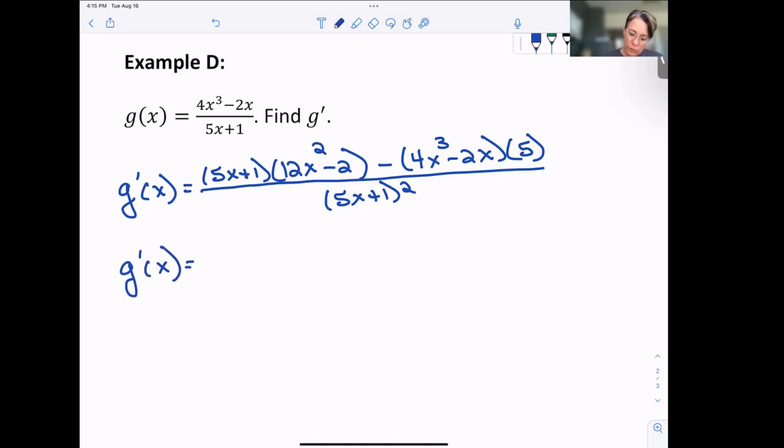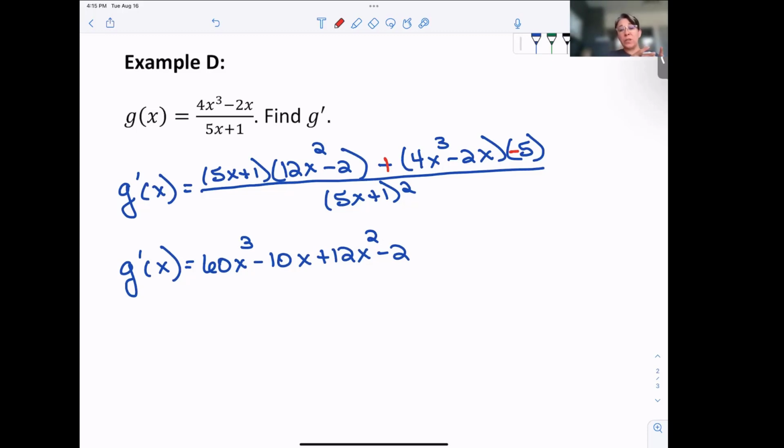If we distribute the first 2, that would give us a 60x cubed minus 10x plus 12x squared minus 2. Okay, so that's the first guy. Now, something that you can do because it's subtraction and you're subtracting whatever this product is, you could change this to a positive, but then change the sign of one of those factors.